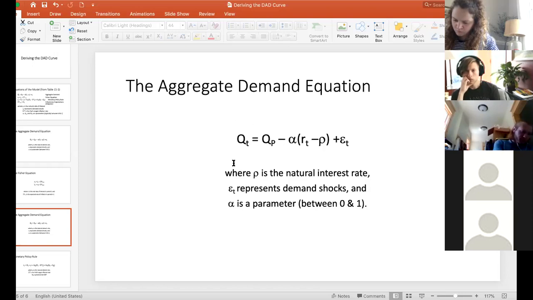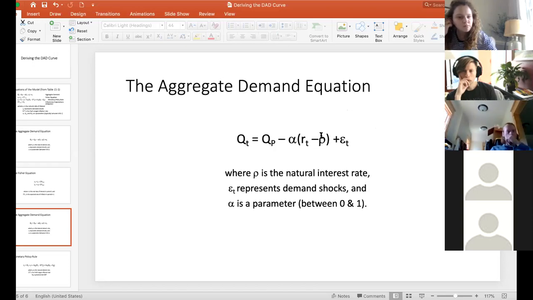There are two things that would cause actual GDP to diverge from the natural rate, as Mankiw says it. Okay, so what are the two things? I'll give you a clue. This is one of them, and this is the other one. So let's do this one first.